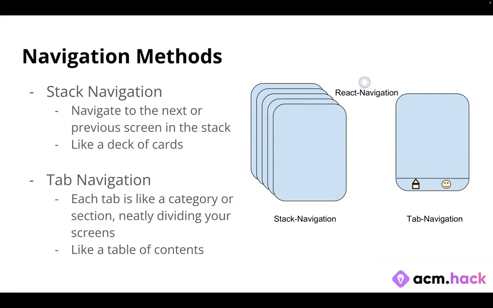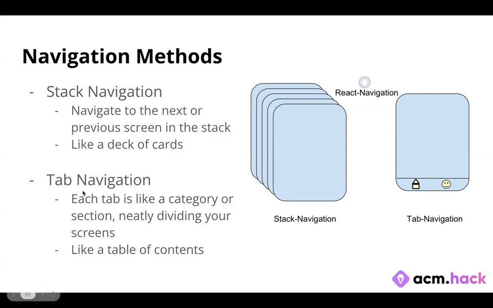Think about all your screens as a stack, or a deck of cards, like the picture on the left. Say you wanted to go to the next screen, you'd press a button and it'll navigate you to the next screen. If you wanted to go to the previous screen, you would press backspace and it'll go to the previous screen in the stack. It's just a bunch of screens layered on top of each other, hence it's called stack navigation.